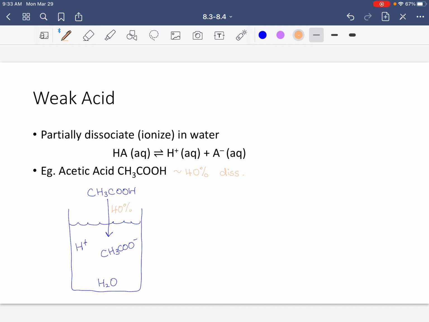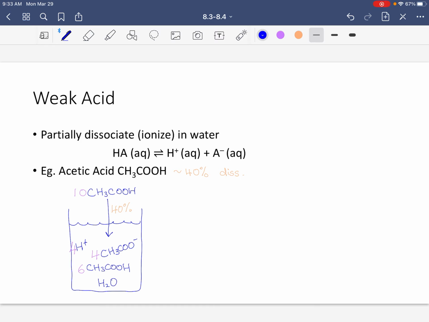What does that mean? Let's say you have 10 of these. You're really only going to get 4 H plus, 4 CH3COO minus acetate, and you're going to get 6 CH3COOH.